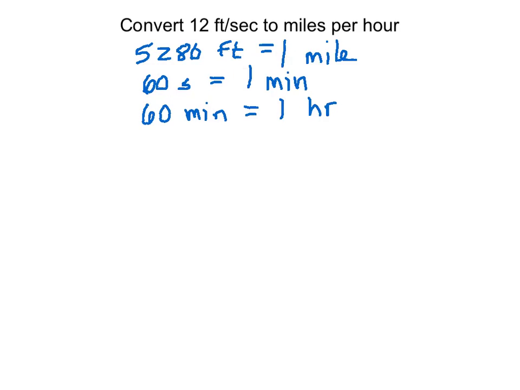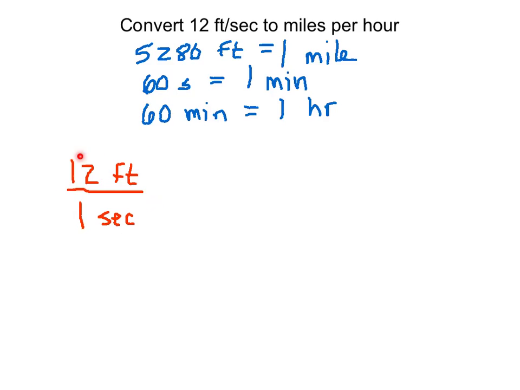So we want to convert feet per second to miles per hour. What I'm going to do is start out by writing the unit that I'm given. So I'm given 12 feet, and I'm not going to just write feet per second over 1. What I'm going to do is write this as a rate, 12 feet per 1 second.